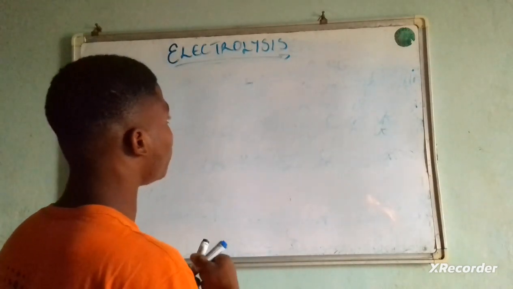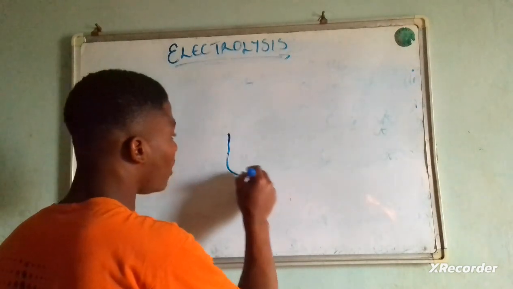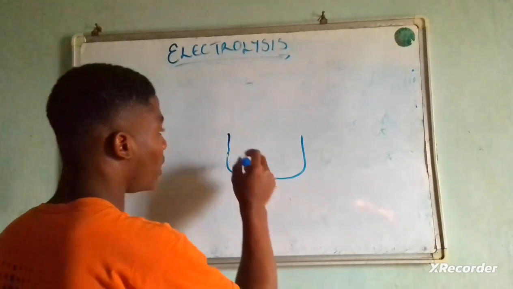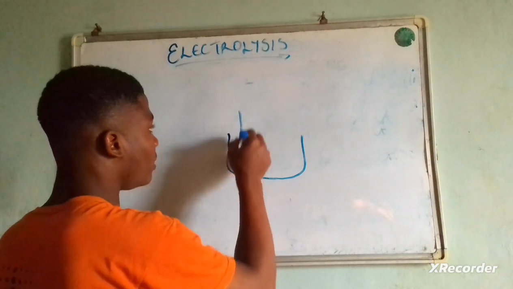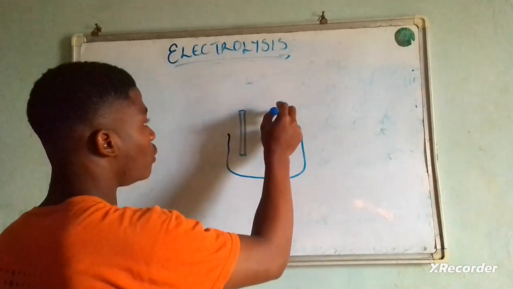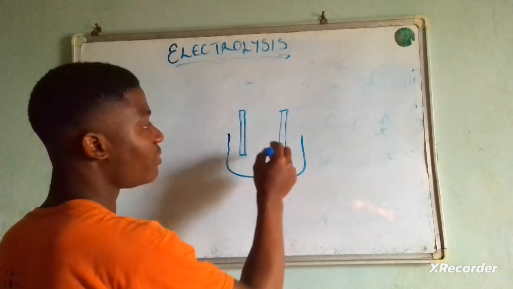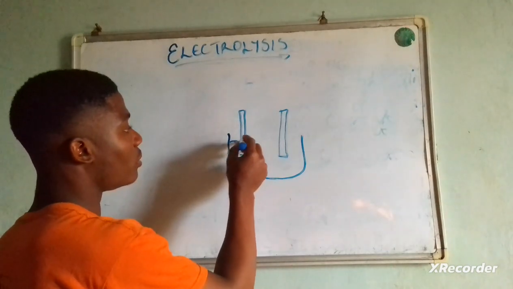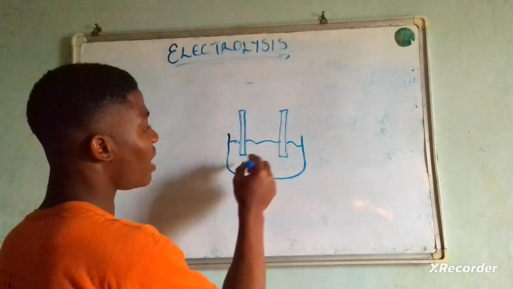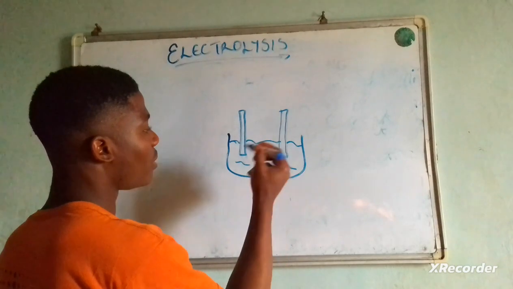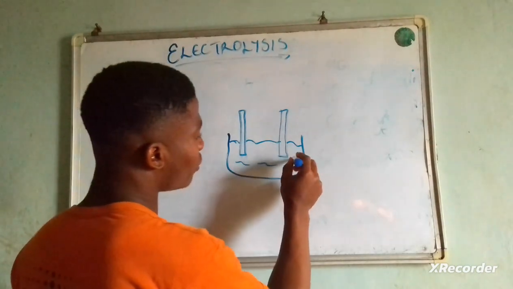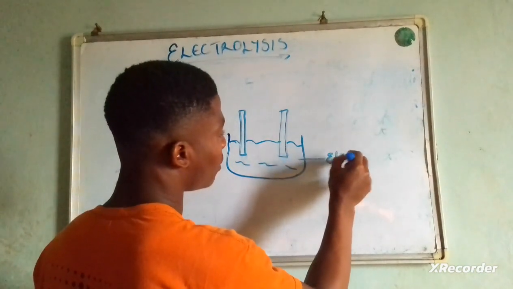When we talk of an electrochemical cell, we need to have a container, and the container is going to contain electrodes, which are going to be positive and negative electrodes. Then inside the container we are going to have an electrolyte.